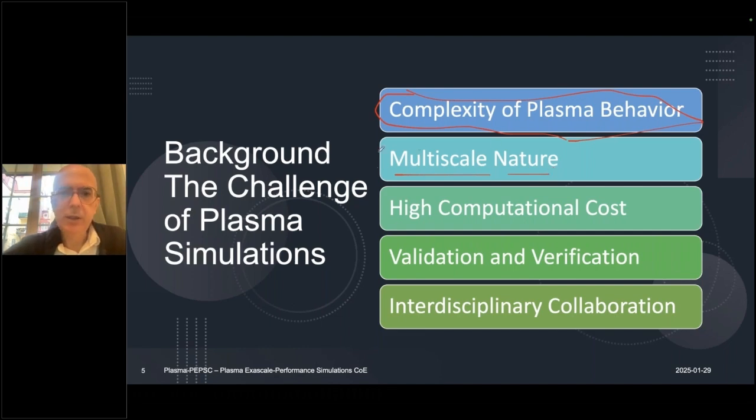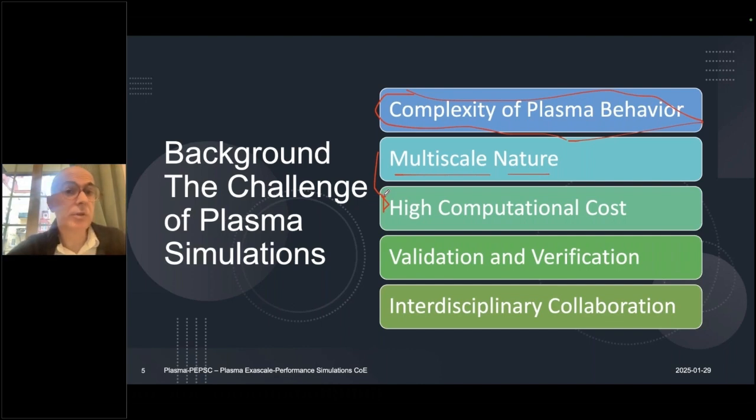So these require a high computational cost. As I said, we use a very advanced technique called a kinetic technique that aims at modeling the overall evolution of the distribution function. This often translates, for instance, to sampling the distribution function with computational particles and following the trajectory of all these computational particles.